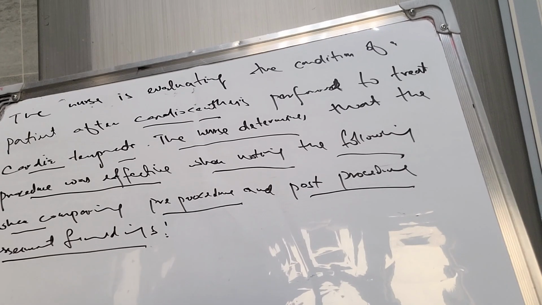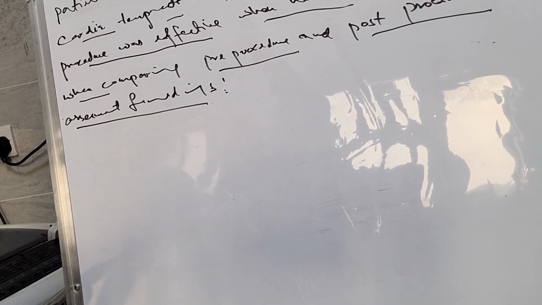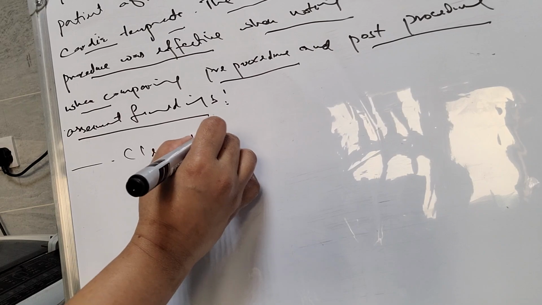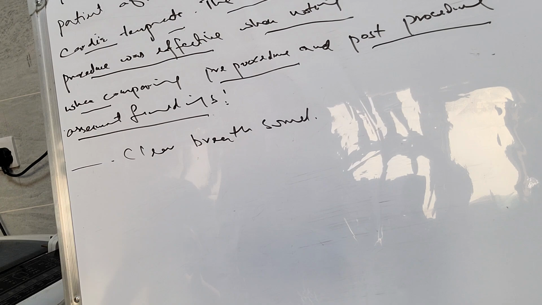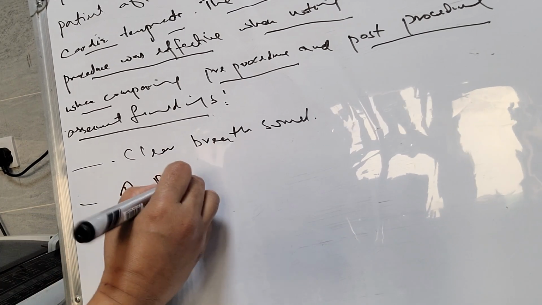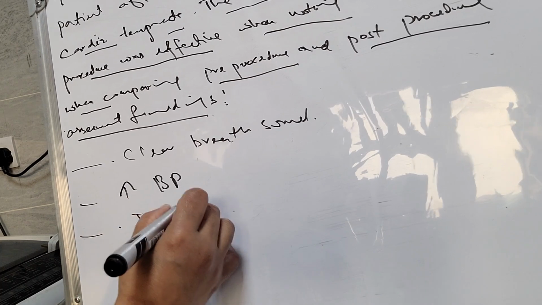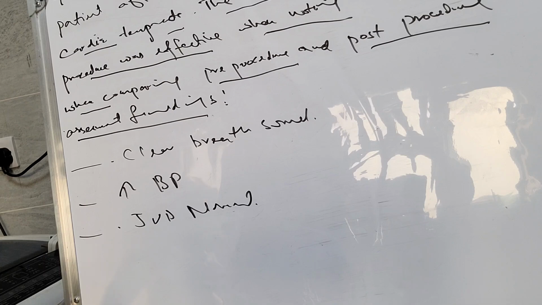As we discussed for the signs and symptoms, everything will be opposite, meaning clear breath sounds after pericardiocentesis. Blood pressure will increase. The JVD, the jugular vein distension, will be normal.